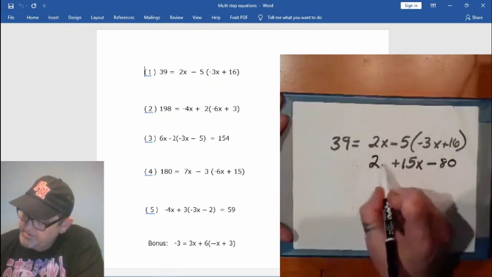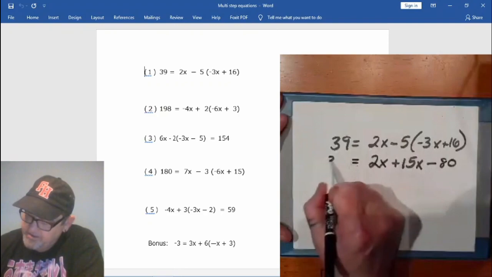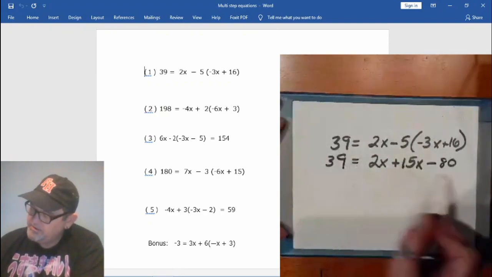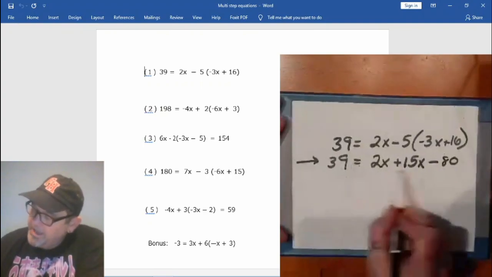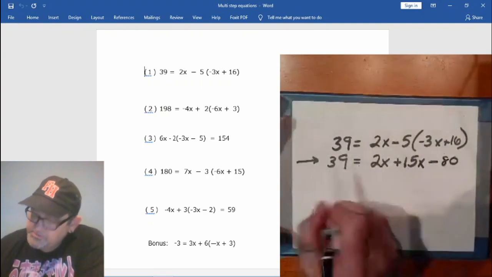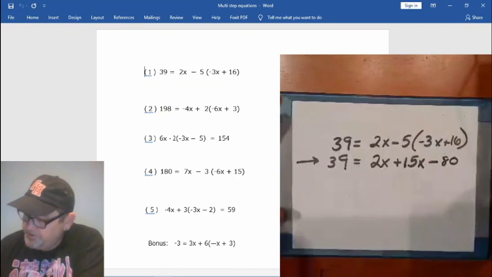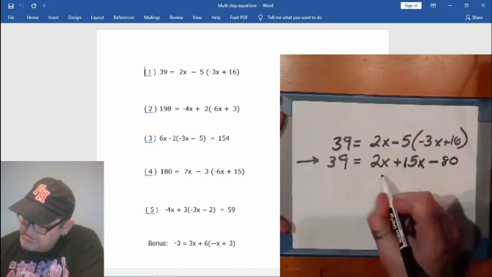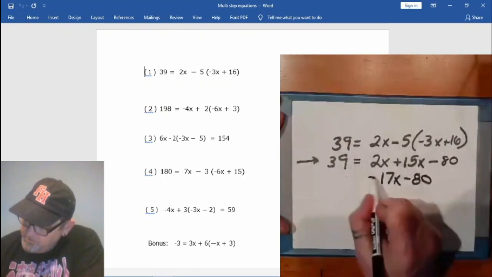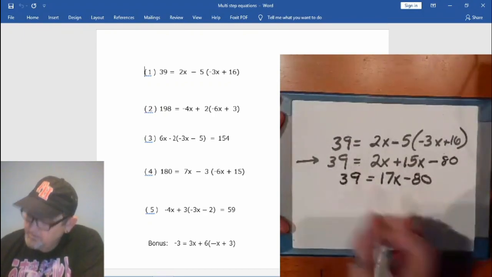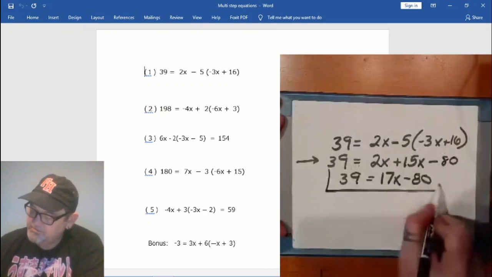And then the rest I can bring down, 2x and the 39, because I didn't use those. Now I can combine like terms. Housekeeping step number 2 here: 2x and 15x is 17x, minus 80 equals 39. Now I have a 2-step equation.